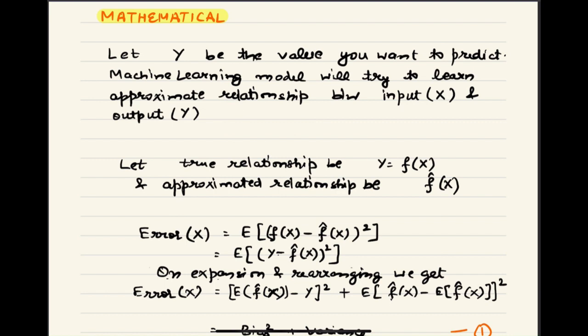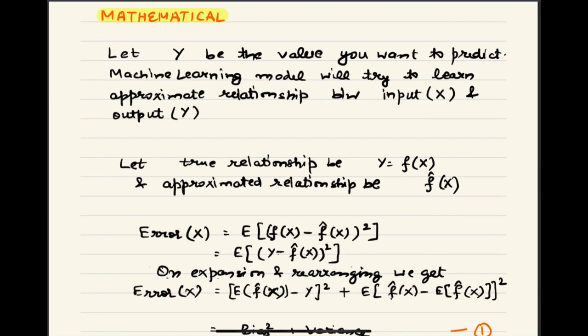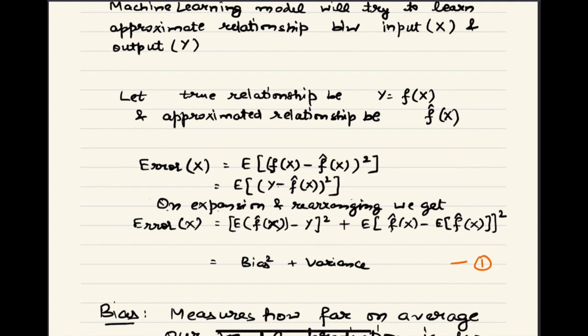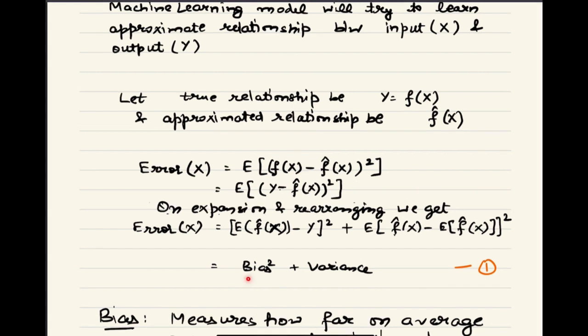Suppose the true relationship is defined by the function f and this function is approximated using f cap. The error will be the mean squared error, that is, the squared difference for each sample, averaged over all the samples, represented using this equation. We can expand and rearrange this equation to get the equations for bias and variance.